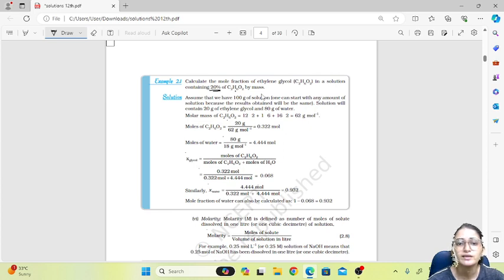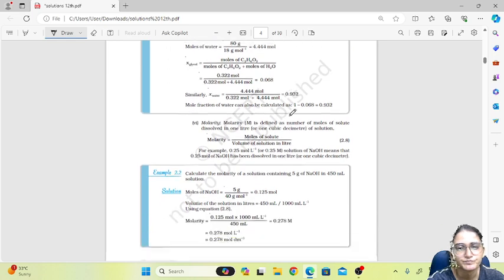They have not given what the solvent is over here. Whenever they don't give, you have to consider it as water. They have given 20% of C2H6O2, that is ethylene glycol. That means 80% will be water, that is 80% will be solvent. So you have to consider 20 grams of ethylene glycol and 80 grams of water, and solve the problem the same way.